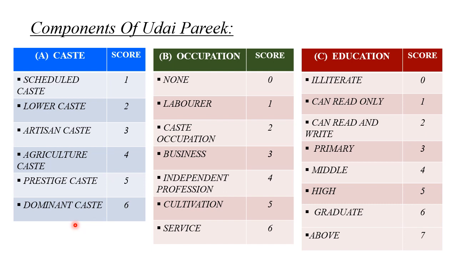Also, the caste system of the Punjab is not as stringent here as it is in many other parts of the country. So you may feel that the different components of this scale are not updated, but that's why we are using different scales.